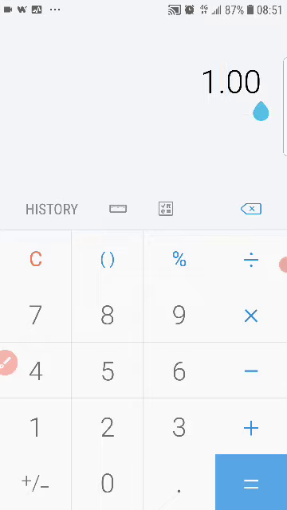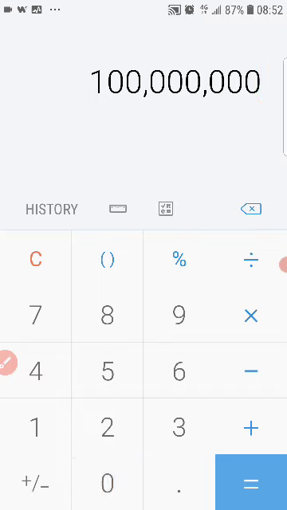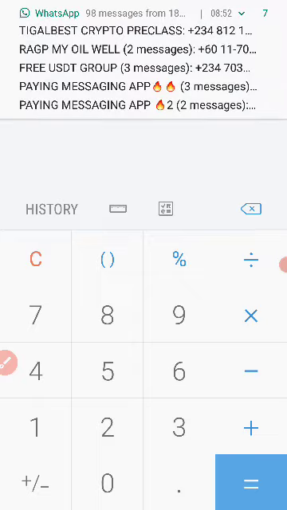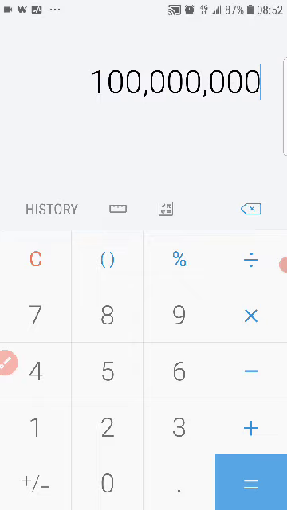Then when you come to Bitcoin, Bitcoin is 100 million. 100 million Satoshi is what makes one Bitcoin. Okay? So if you go to CoinMarketCap, let's divide 1 by 100 million.